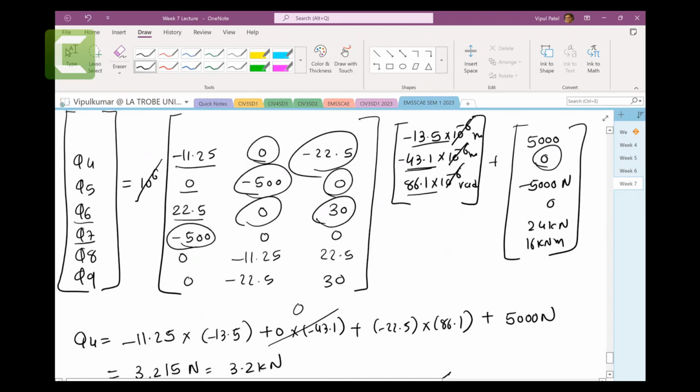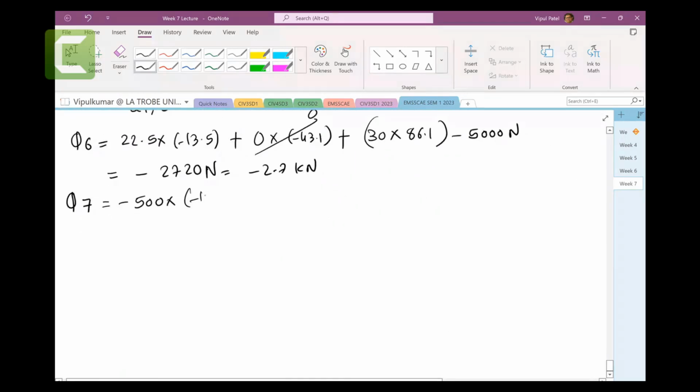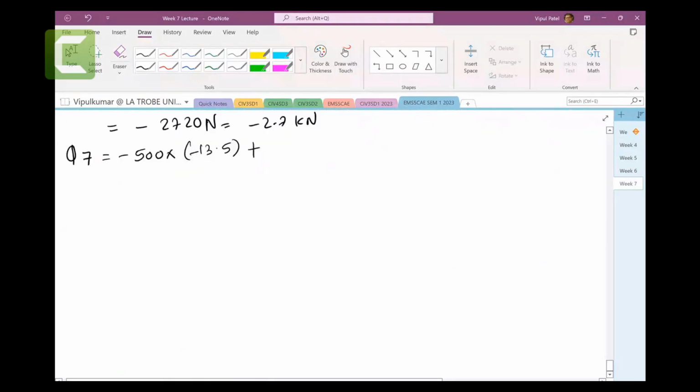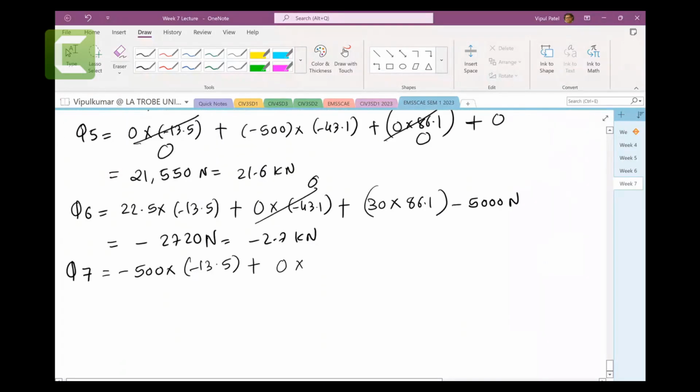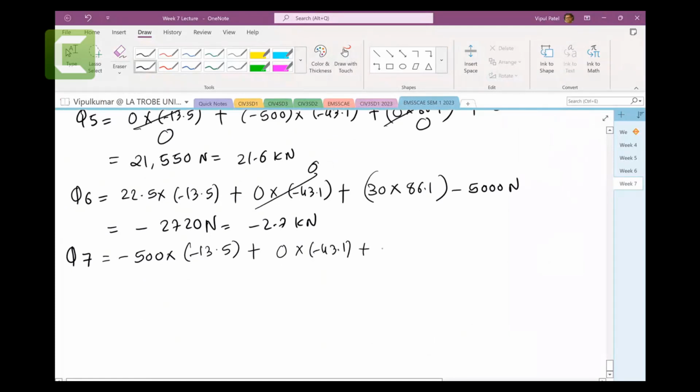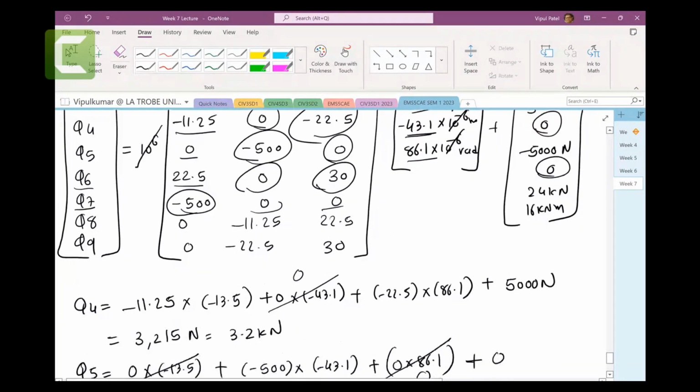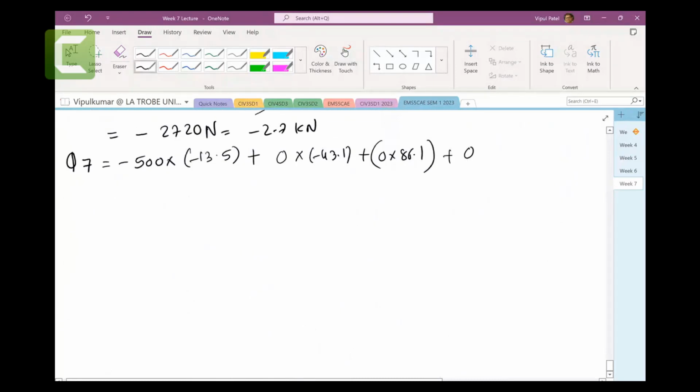This one's times minus 13.5 plus 0 and 0. So that is 0 times minus 43.1 plus 0 times 86.1. And then finally you have 0 here. So this whole thing 0, this is 0, this is 0. So only 500 times 13.5, that makes it positive. 6,750 newtons, which is 6.8 kilonewtons.